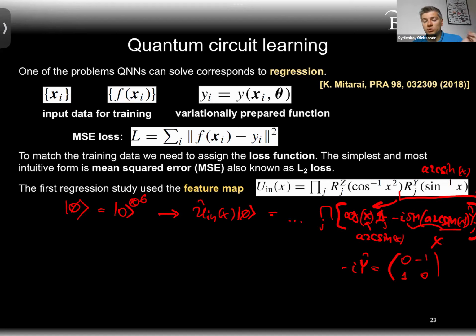If I apply it to 0, it means for some part of the state I will remain in 0 with, I guess, square root of 1 minus x squared, or I will apply Y. So I will flip the spin, my qubit, and get an x-dependent amplitude. So I have supplied features, and my states become indeed x-dependent.